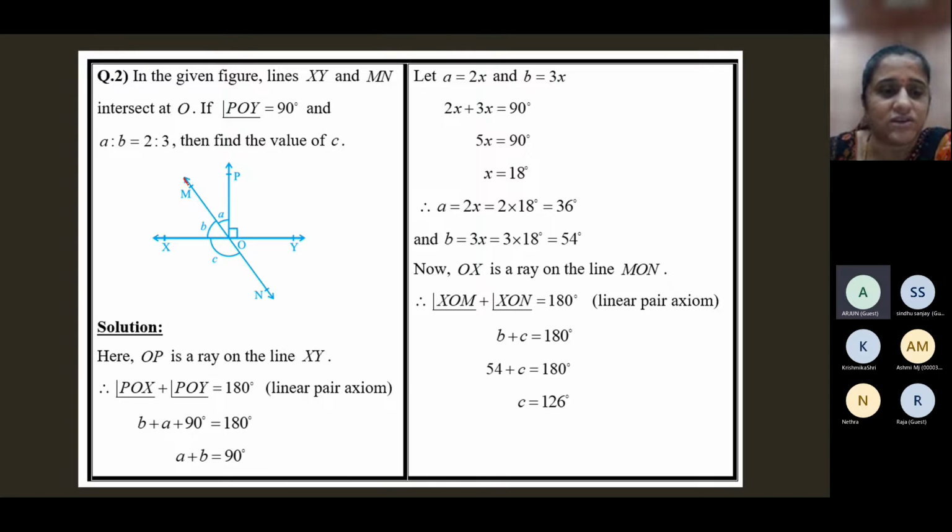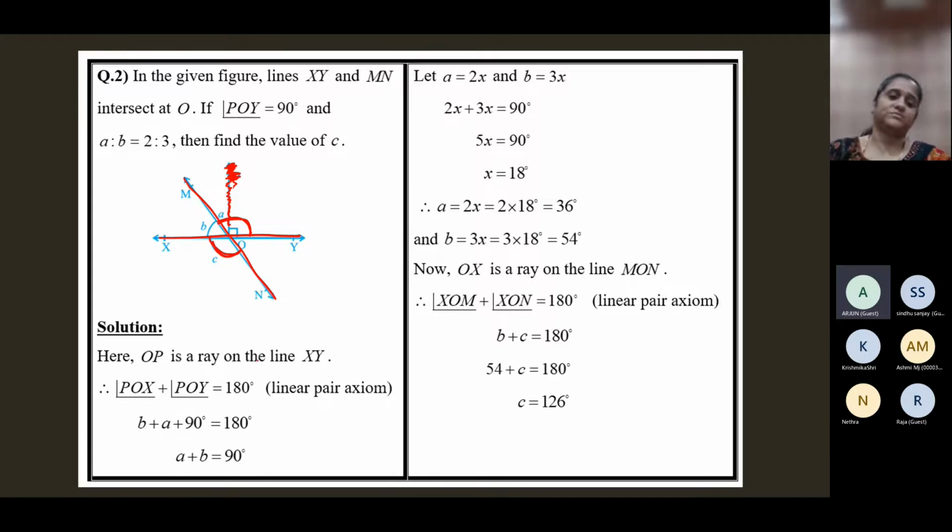Can you see these two intersecting lines? This line and this line, they're intersecting lines. Don't see this line, this is not there. Okay, so can you see, children, angle C and this angle? They are vertically opposite angles.